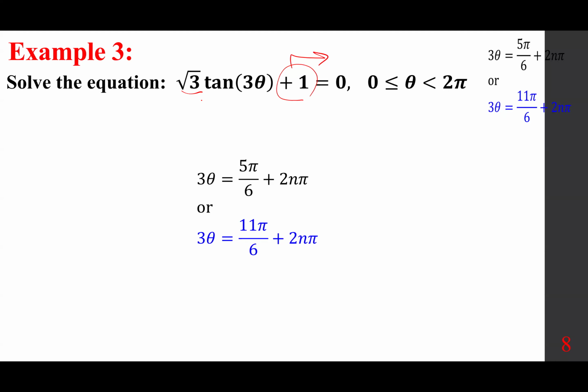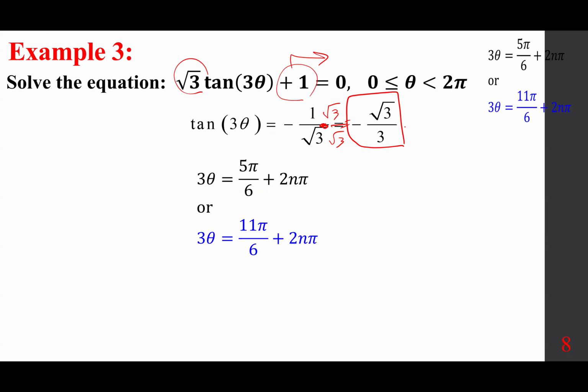And then we are going to divide by square root of 3. We get negative 1 over square root of 3, or negative square root of 3 over 3 if we rationalize it. This is the way you rationalize, square root of 3 over square root of 3. And you get this one, okay, which is one of those common arcs.